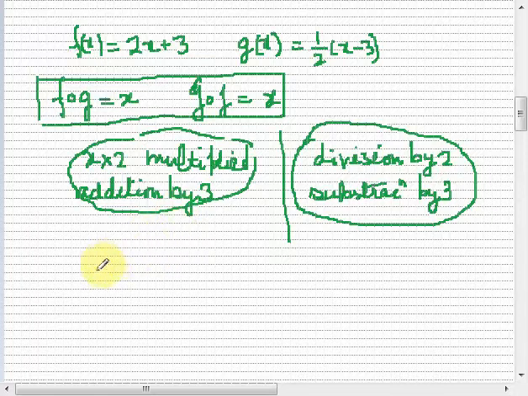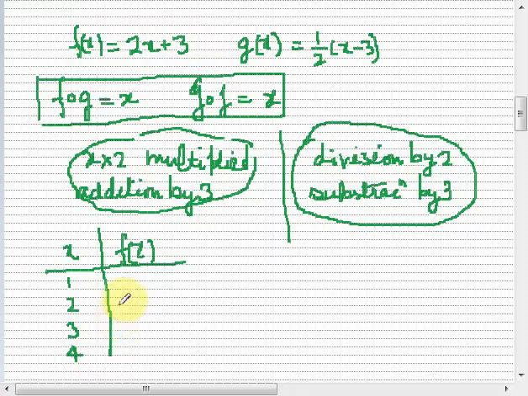Now let us plot this function. So let us get some points of this function. Suppose this is x, this is fx. This is 1, 2, 3, 4. Now you can calculate the values. That will come 5, 7, 9, 11. Now we calculate gx.